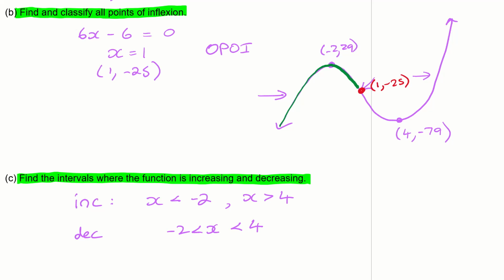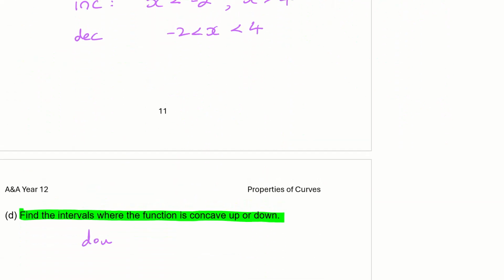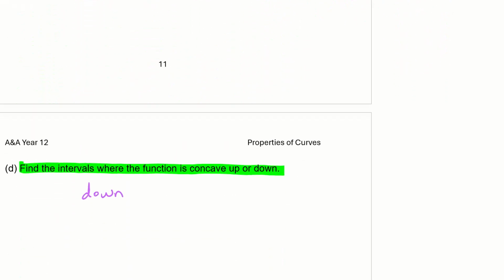And remember, points of inflection are where concavity changes, and then it's going to be concave up around there. So it's going to be down for x less than 1 and up for x greater than 1.